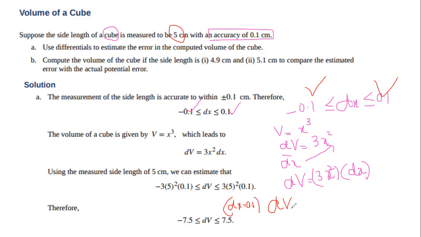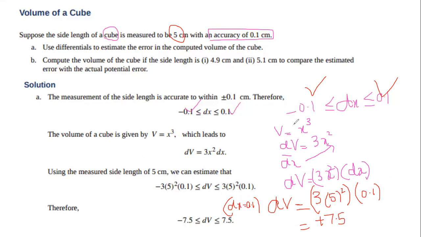So my dv will be 3 into 5 square with the value of d of x. So d of x is positive, so it will be 0.1. So this is positive 7.5.